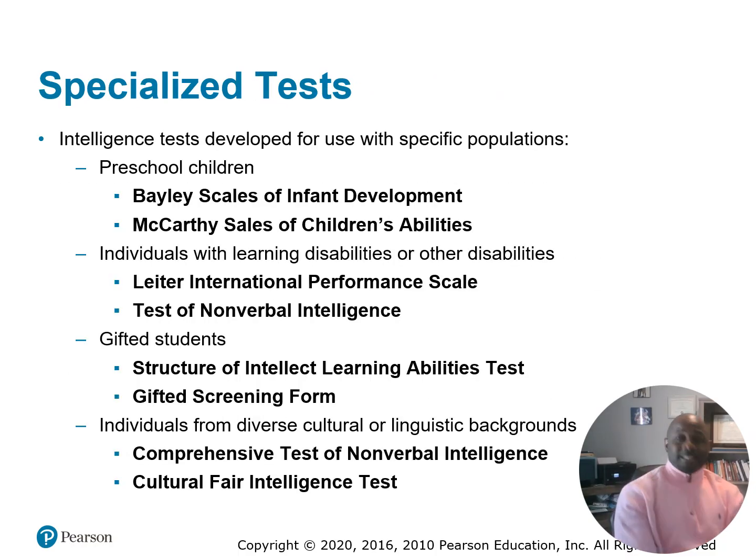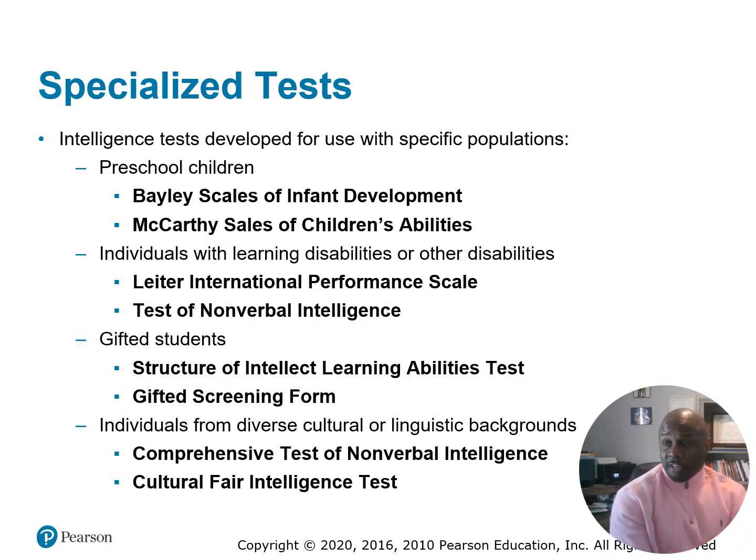Then you have your specialized tests. These are intelligence tests developed for specific use with specific populations, specific kiddos, specific individuals that have certain skill sets, or where you're trying to measure certain things, right? So you have the Bayley Scales of Infant Development and McCarthy Scales of Children's Abilities.